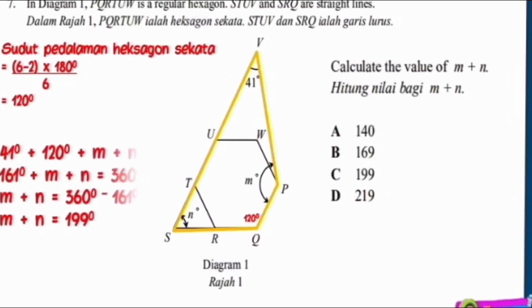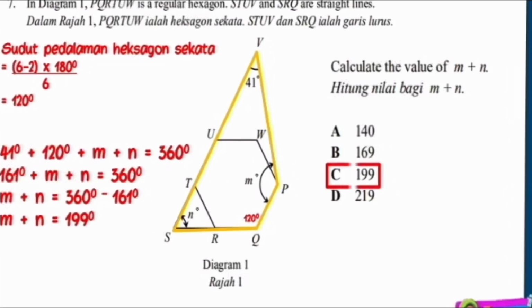We have 41 plus 120 plus m plus n should be equal to 360, right? Because this is a quadrilateral. So we just write it in a mathematical sentence, and then we don't have to solve m and n individually. We just shift the 41 and 120 to the right hand side.